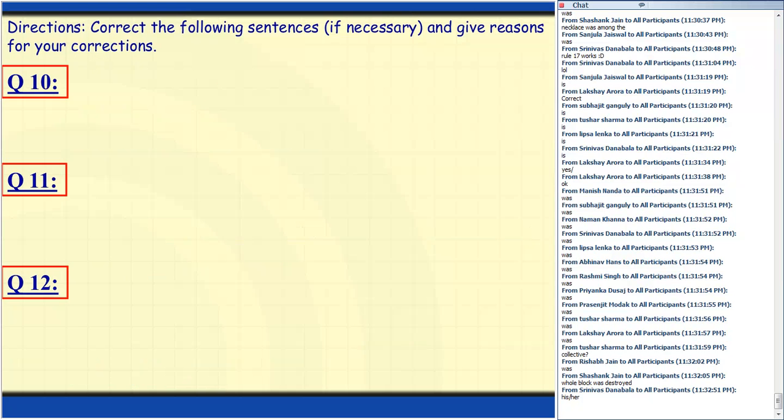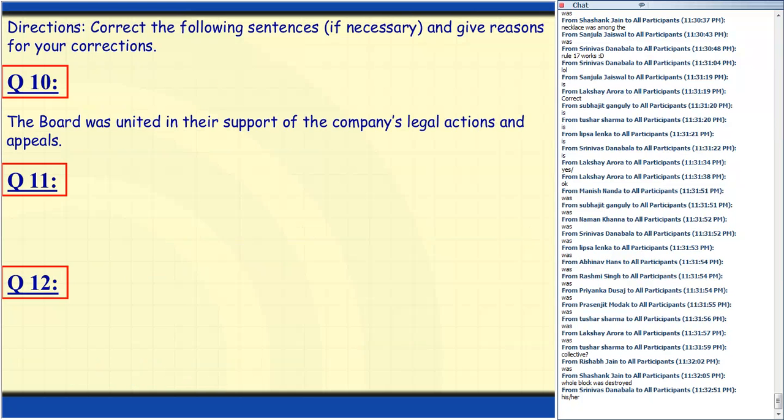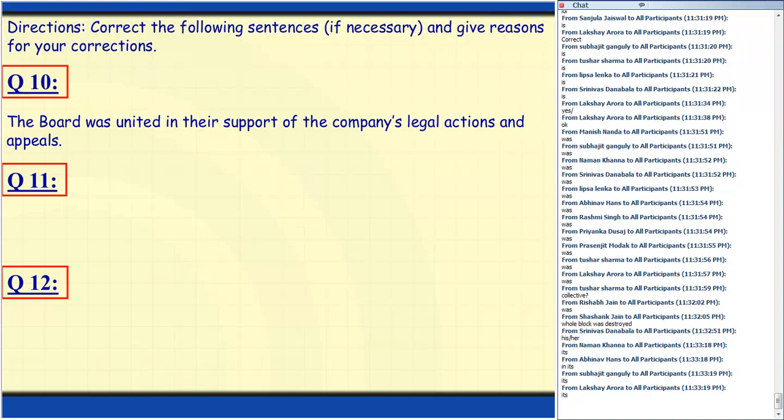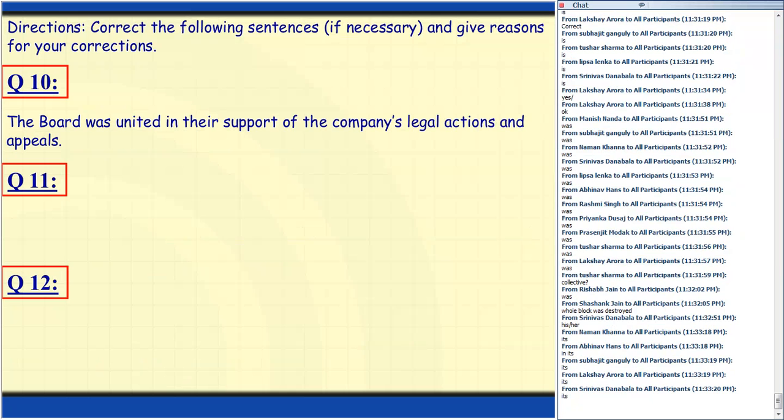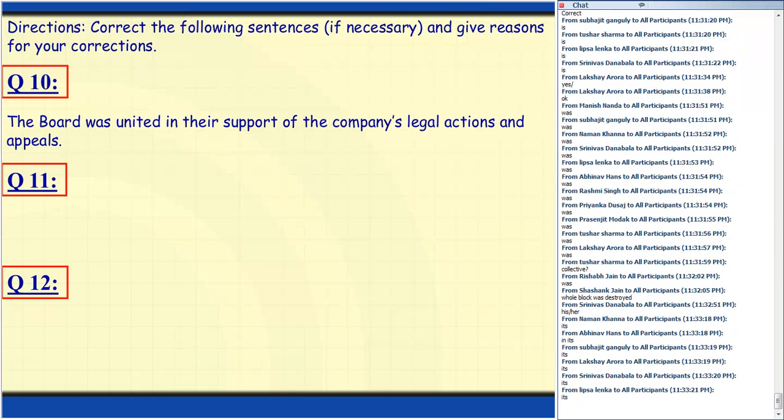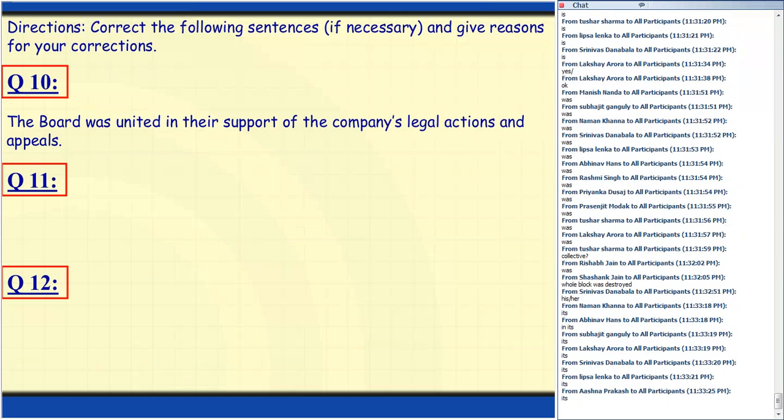Now see, the board, which is a collective noun. Here you are using was, and here you are using their, right? Their support means you're talking about the board members.